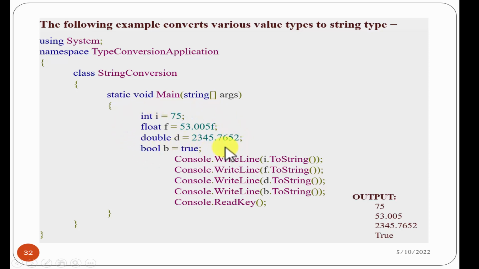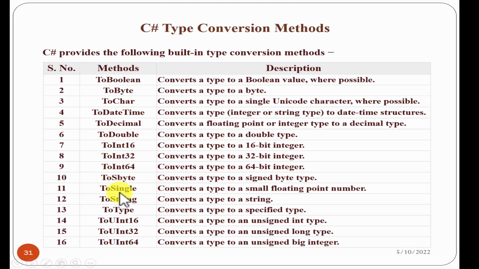We don't have anything difficult to convert data from any type to the string type. We just use this particular way: i.ToString. ToString is a method, as on the last slide, which we can see on the 12th number. Any type can be converted to a string.